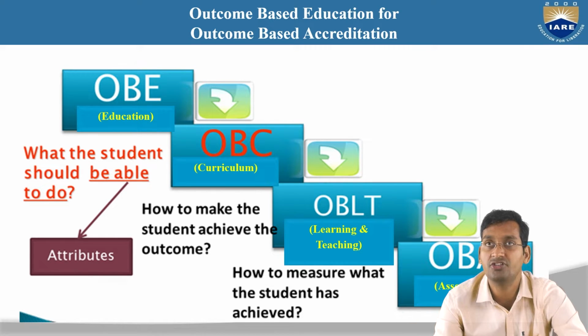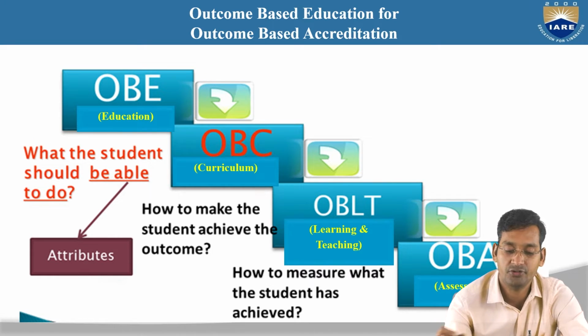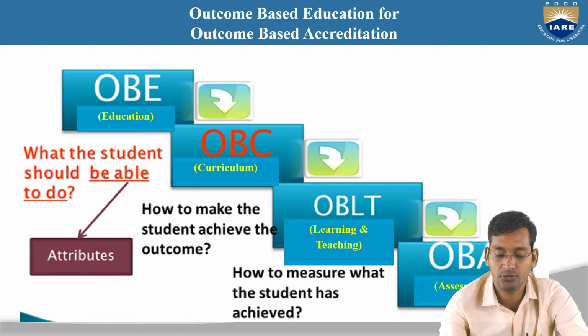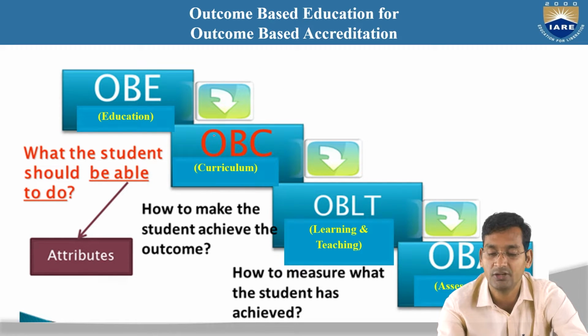Now, outcome-based education for outcome-based accreditation. OBE, outcome-based education, is what the student should be able to do, that is their attributes. Then OBC, outcome-based curriculum, is how to make the student achieve the outcomes. So the curriculum should be such that they can achieve the outcomes.